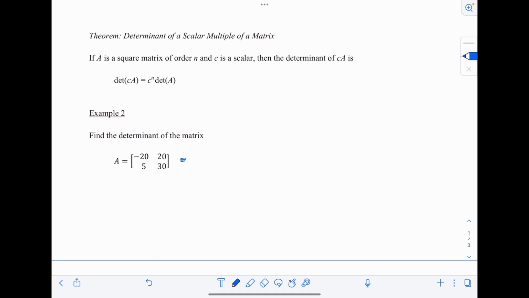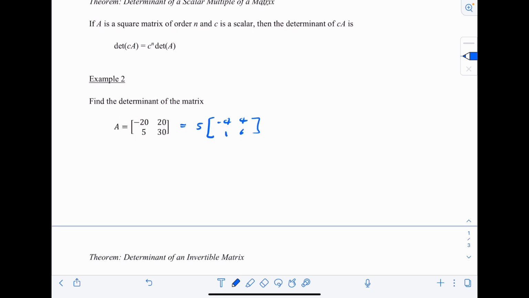But just to show you by example that we get negative 700 using this theorem, if I took out a 5 and wrote this matrix as 5 times the matrix negative 4, 4, 1, 6, to find the determinant of A, I'm going to take 5 squared, because my order is 2, times the determinant of negative 4, 4, 1, 6. So now I have 25 times negative 24 minus 4 more is negative 28. And indeed, that is negative 700.